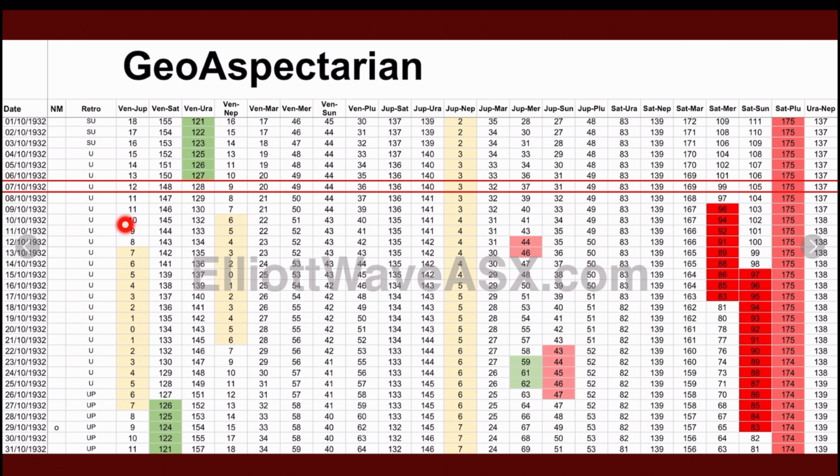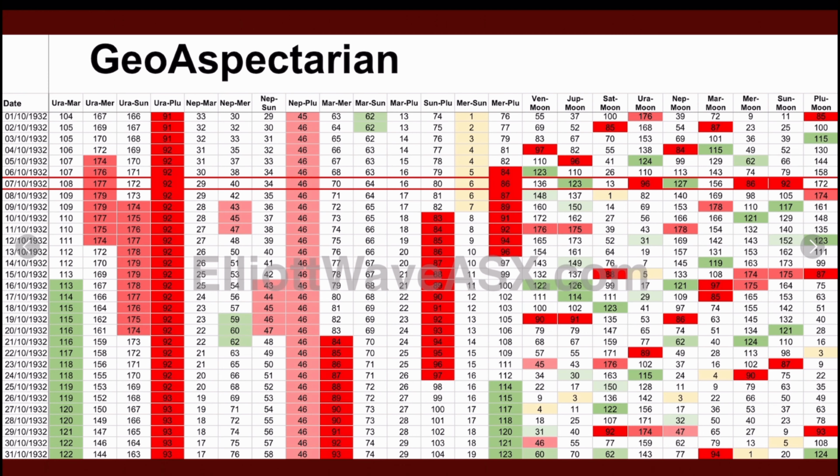If we look at the Geo-Aspectarian for the low on the 7th of October 1932, we have Jupiter-Neptune conjunct, Saturn-Pluto opposite. If I scroll to the right, we have Uranus-Mercury opposite, Uranus-Pluto square, Mercury-Sun conjunct, just coming out of a conjunction.